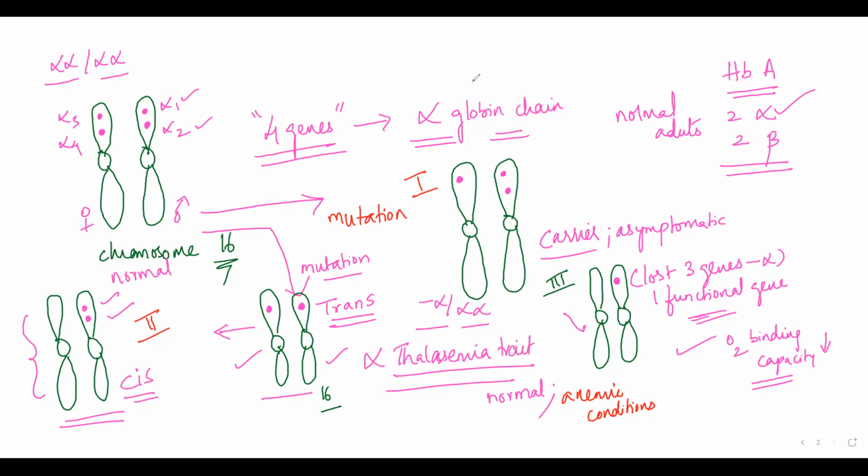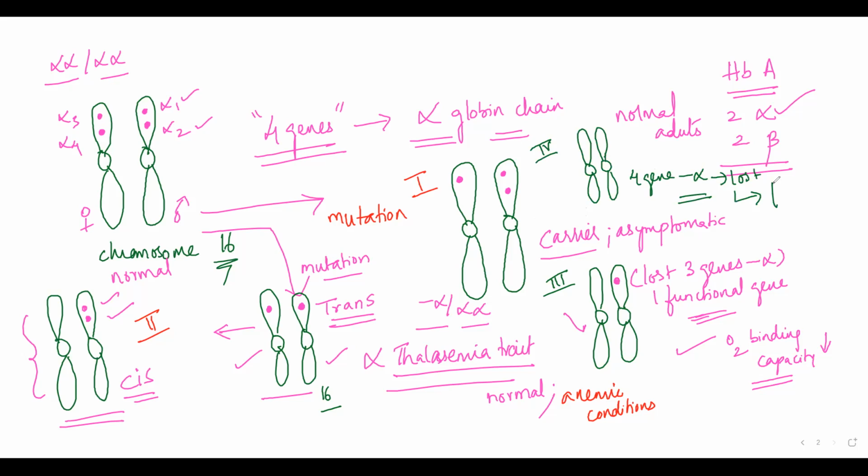And children, there is another sort of mutation, the fourth type, where all four genes coding for the alpha are lost completely. This is going to be a very, very severe loss, where you don't have the alpha chains at all.